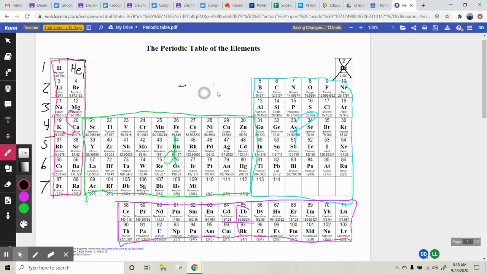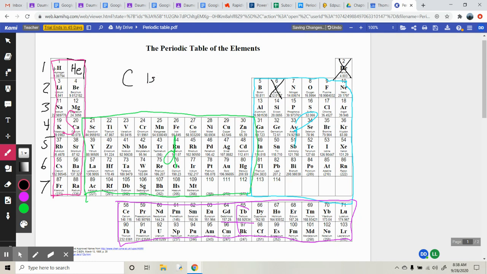So let me erase this. Let's focus on carbon. Okay, so we are looking at carbon right now. And again, we got to list all the electrons that came before it. So once again, we are starting at the beginning and we're reading these like lines in a book. So we got to get through this whole row first. In order to get through this row, I say that first energy level, s orbitals.